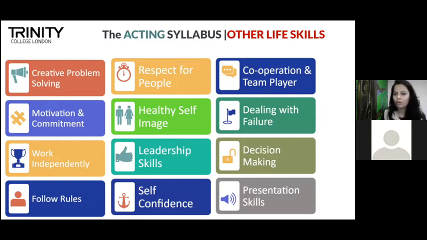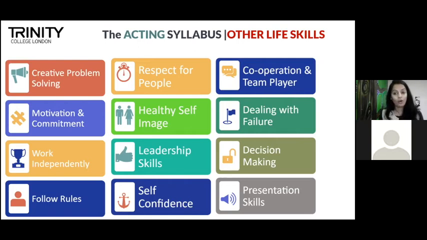So cooperation, teamwork, respect for the people. You need to respect everyone's perspective and interpretation, and then find a middle ground to present it. Otherwise, your team is not going to perform or get to stage or do an examination. So, while you're doing all of it, you pick up presentation skills.